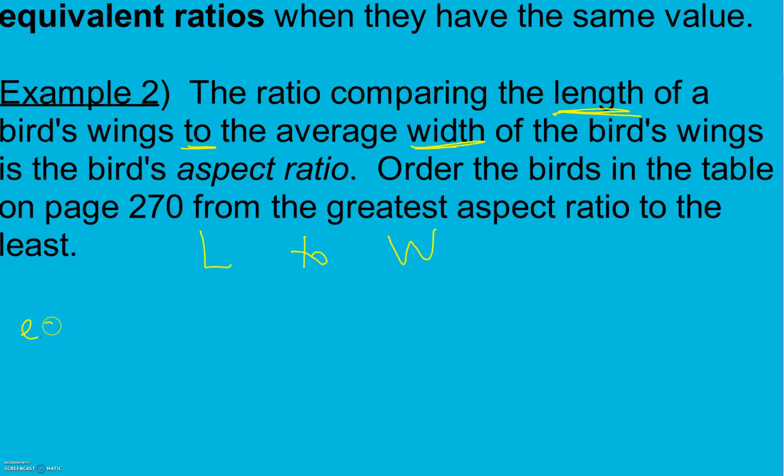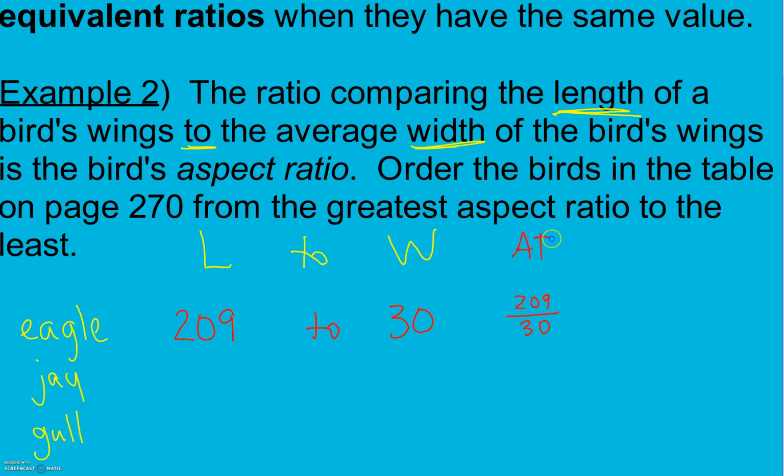We have 3 birds: an eagle, a jay, and a gull. For the eagle, the length is 209, and the width is 30. So we want the ratio of length to width, or the ratio of 209 to 30.